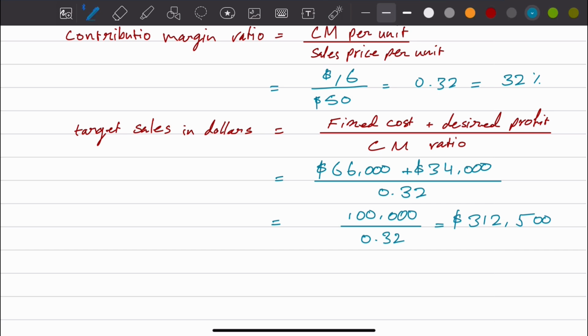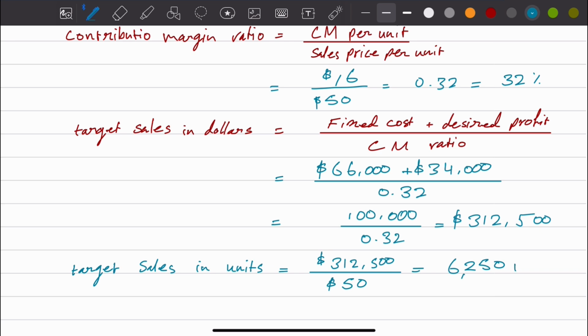So we're going to say target sales in units is going to equal 312,500 divided by the selling price per unit, which was $50. Okay, I still have the 312,500 on my calculator, so I'm just going to divide that by 50, and that's going to be 6,250 units.